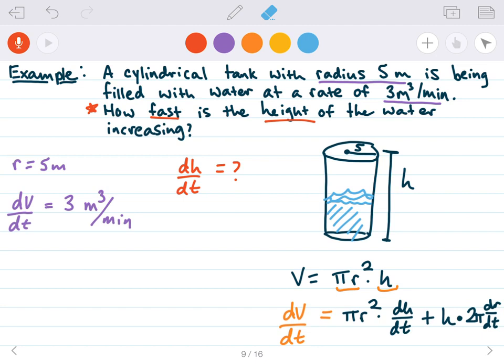The cylinder doesn't change no matter how high you are. So that's the key observation here. That's what makes this problem different from the other ones: in this case, the change in the radius with respect to time is nothing, because the radius is constant.